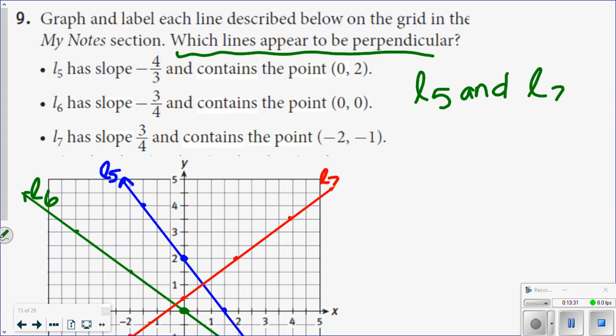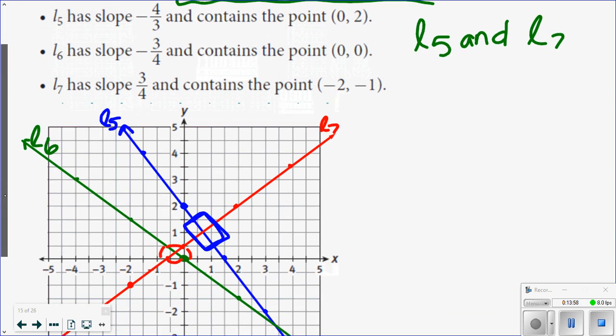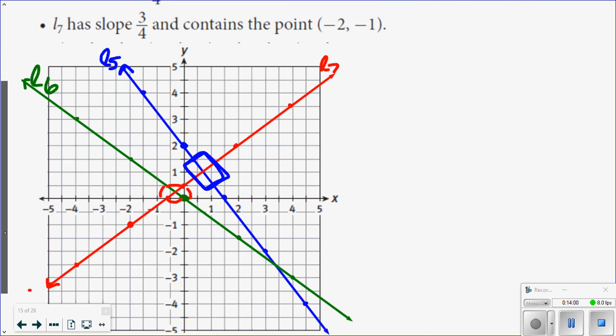And if you tilt your head, hopefully you did a really good job of graphing, and hopefully this forms a really good 90-degree angle right here in your book on your piece of paper. Hopefully you used a ruler or a straight edge. Okay, and then these are not 90-degree angles here. Hopefully yours is more precise than mine on the smartboard.